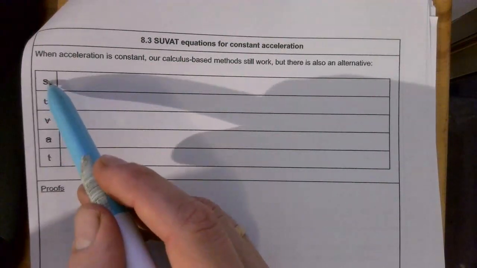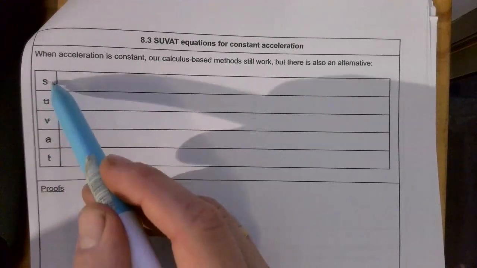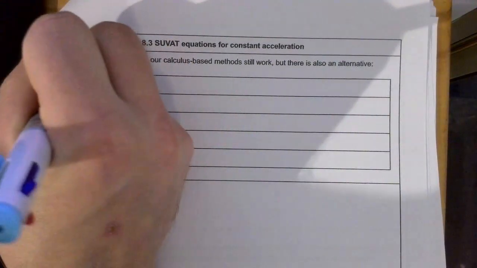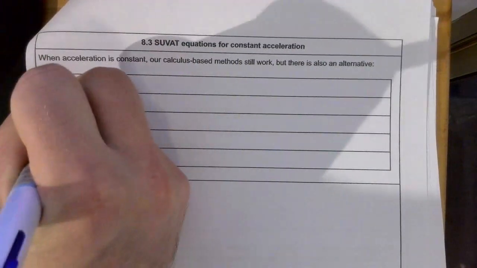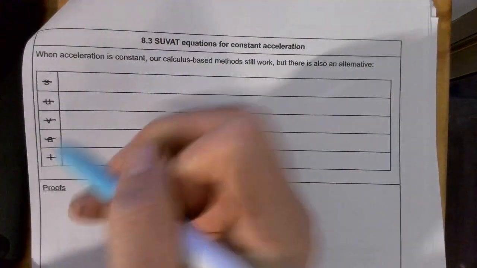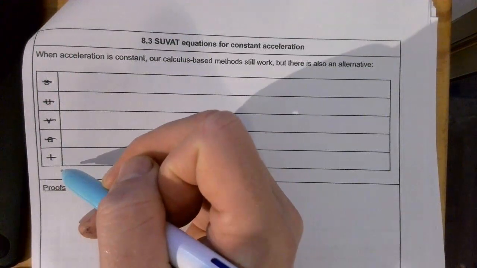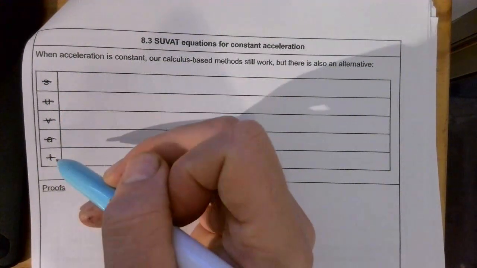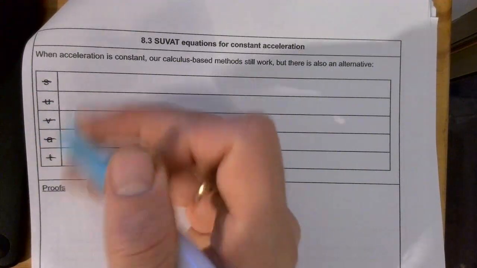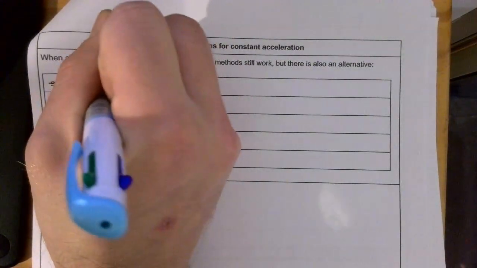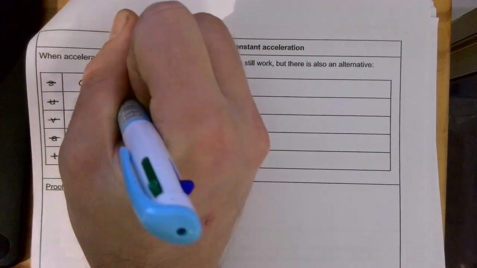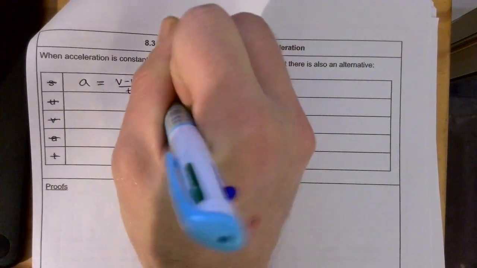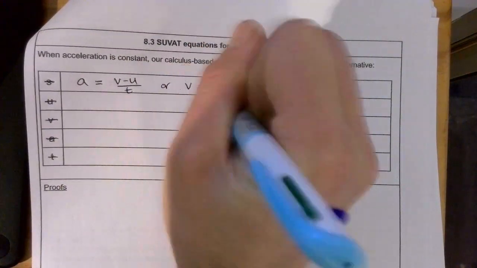The key thing to know is that you've got these 5 quantities, s, u, v, a, and t, and on this chart, each letter here is crossed out because there are also 5 equations, and each equation excludes one of the quantities. So for example, the first equation doesn't have s in it. So it is a equals v minus u over t, or in another form, v equals u plus at.